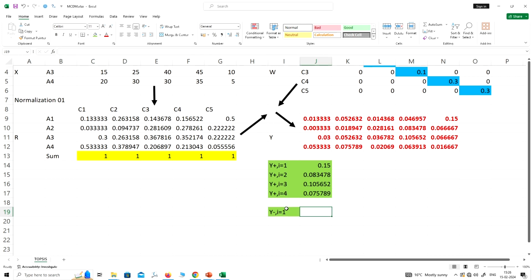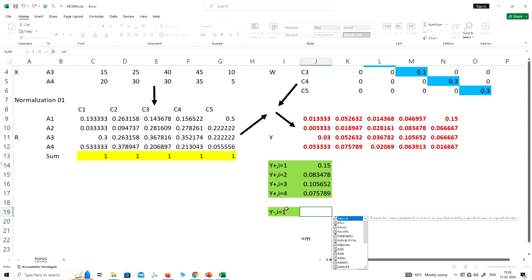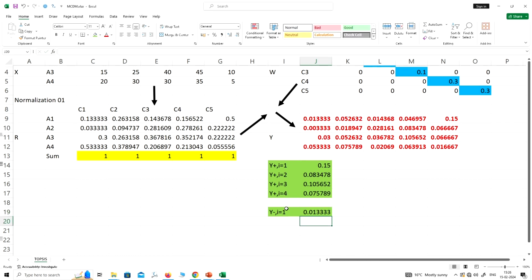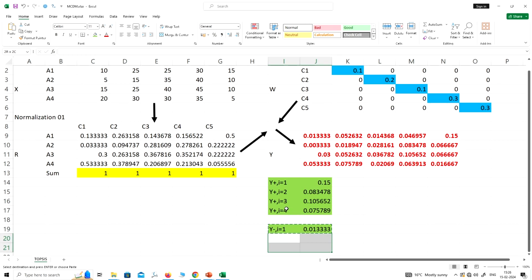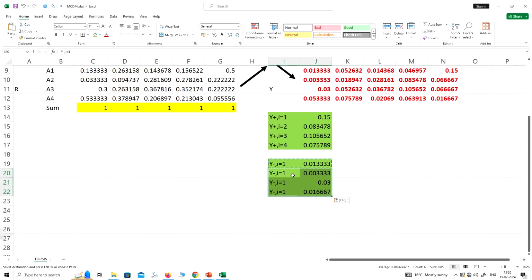So, I calculate the min of i equal to 1 to m. Similarly, I copy it and change it accordingly. What do I change? I change here to i 2, i 3, i 4.